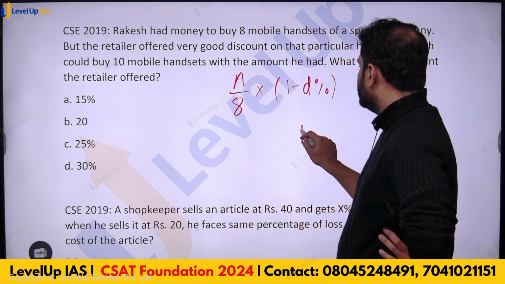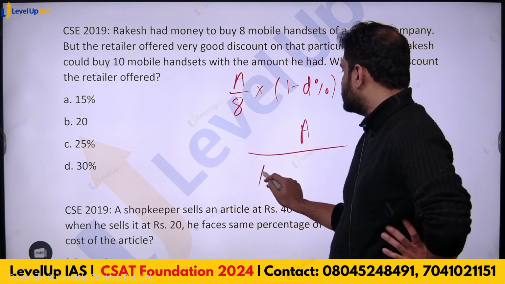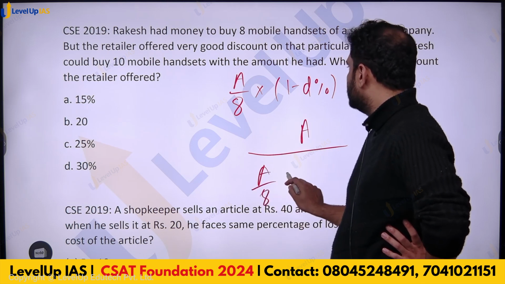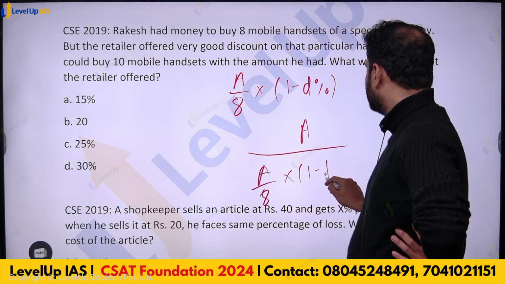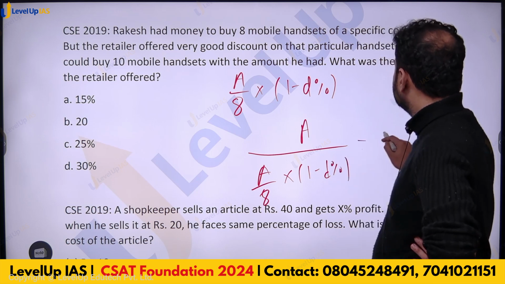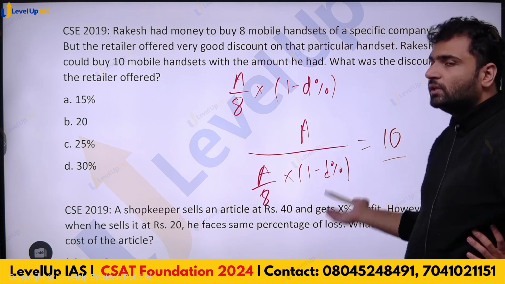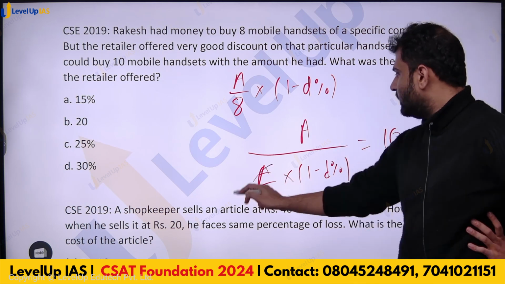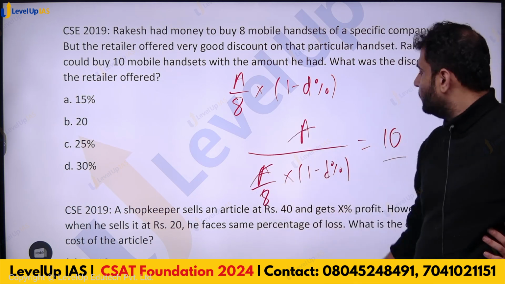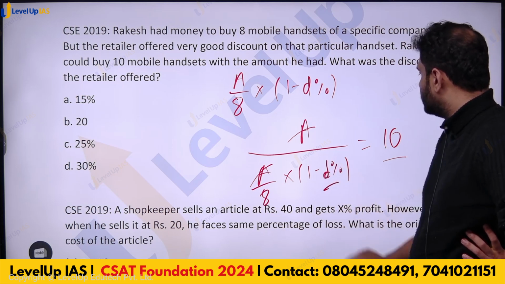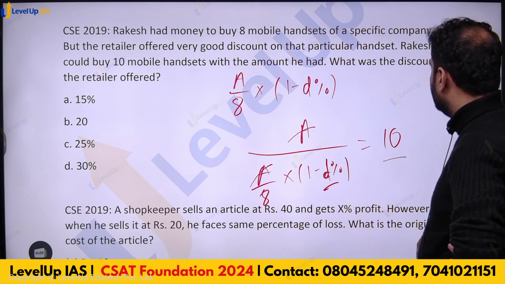But what is given is that A divided by that price, A, which is the amount he had, is enough to buy 10 handsets instead of 8. So we have this equation. A will get cut, and this is the equation in only one variable, which is our D%. Let us solve.